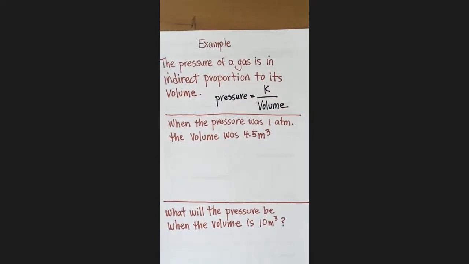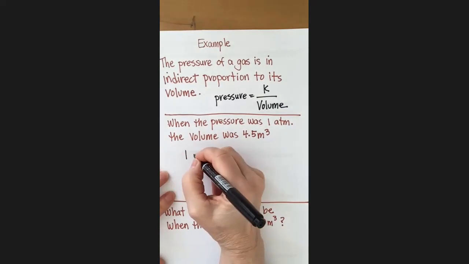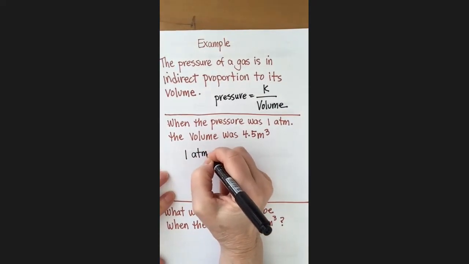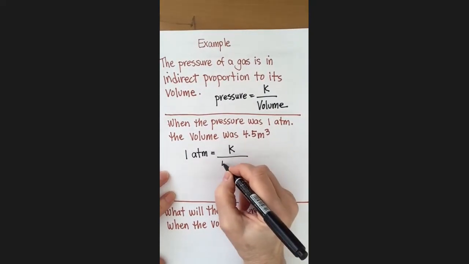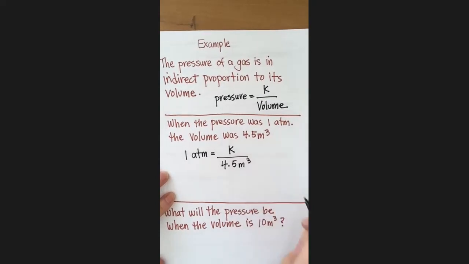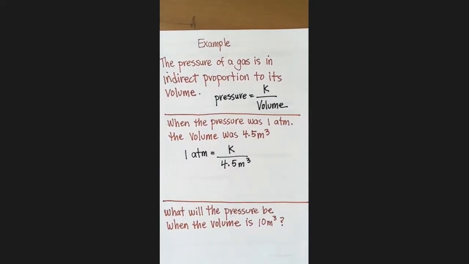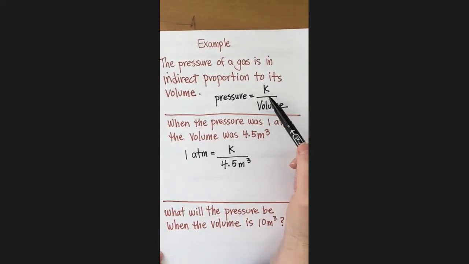The next step is to find K, the constant of proportionality. When the pressure was 1 atmosphere, the volume was 4.5 meters cubed. So I have plugged the values that we were given into the proportion that we set up.